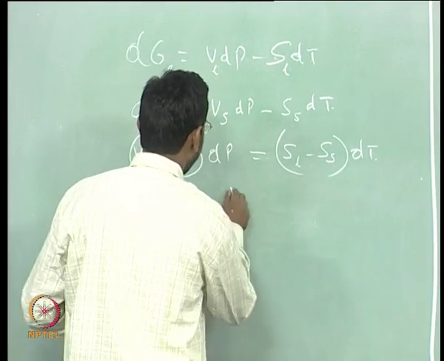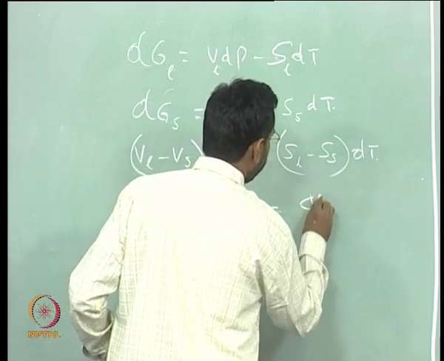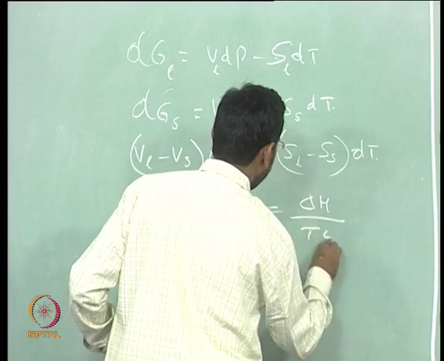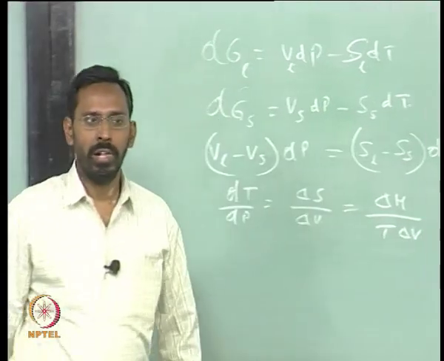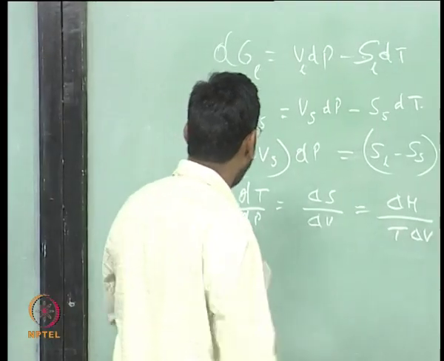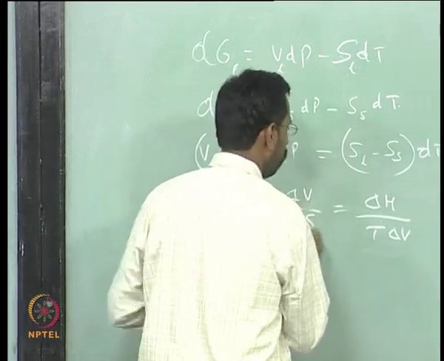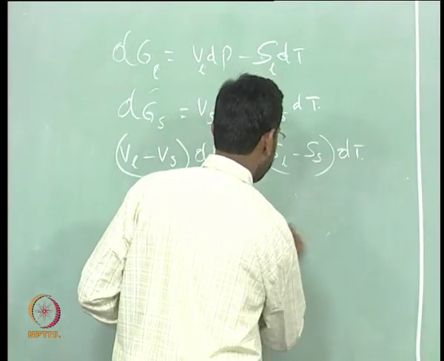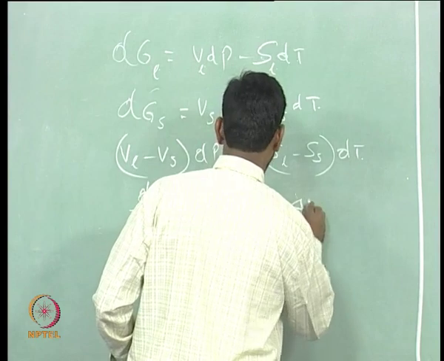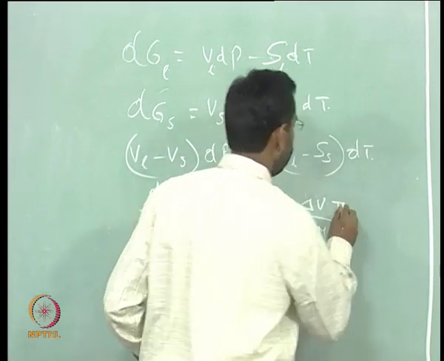That is where we got an expression for dT by dP as delta V by delta S, or we can also write it as delta V by delta H into T. Because delta V by delta S, I am right, you are right, this is delta V by delta S. So obviously this will become delta V by delta H into T, T comes up.